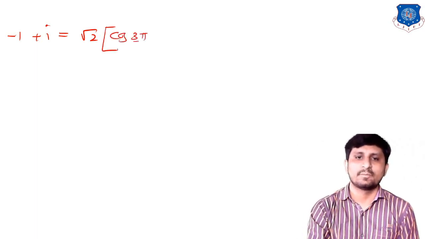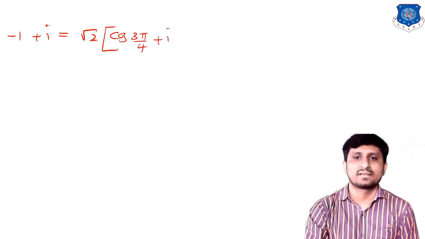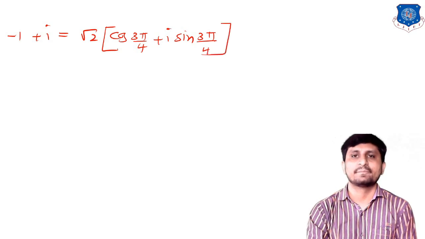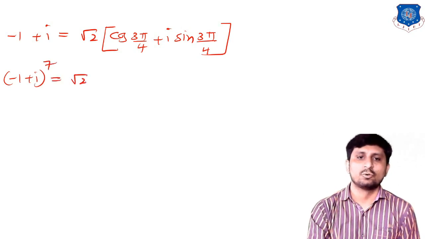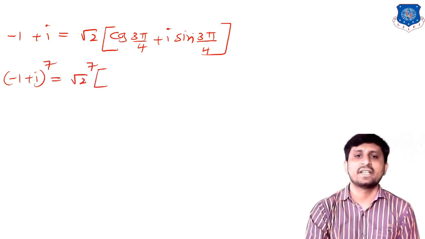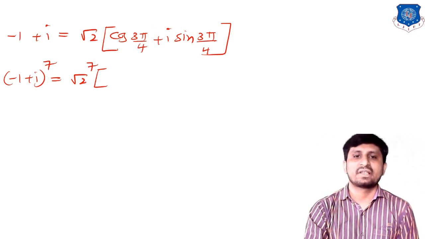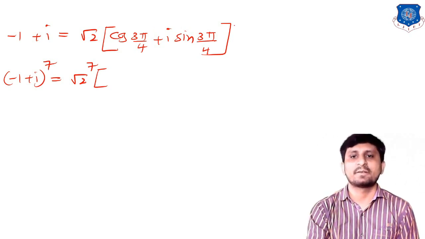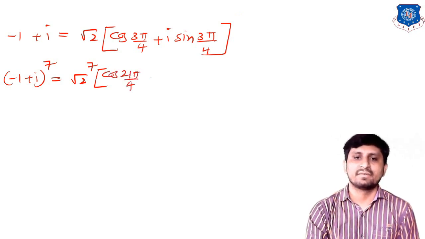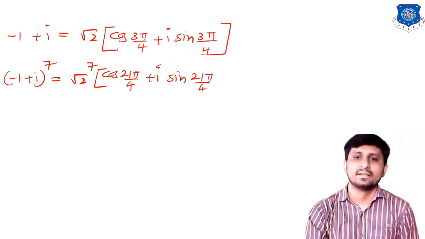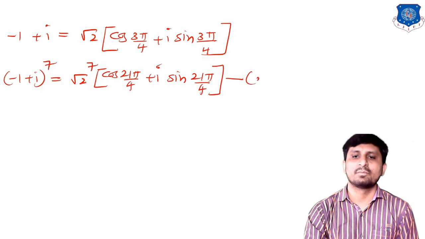Now minus 1 plus i raised to 7 can be written as root 2 raised to 7. Using De Moivre's theorem, we get root 2 raised to 7, and here cos 3 pi by 4 plus i sin 3 pi by 4 raised to 7. So once again, cos 21 pi by 4 plus i sin 21 pi by 4. Okay, so call it equation number 2.